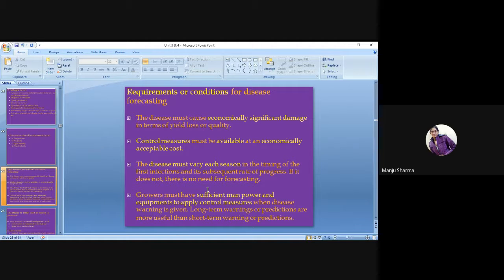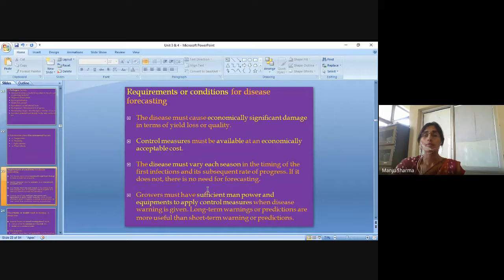Control measures must be available at an economically acceptable cost. The disease must vary each season in the timing of the first infections and its subsequent rate of progress.